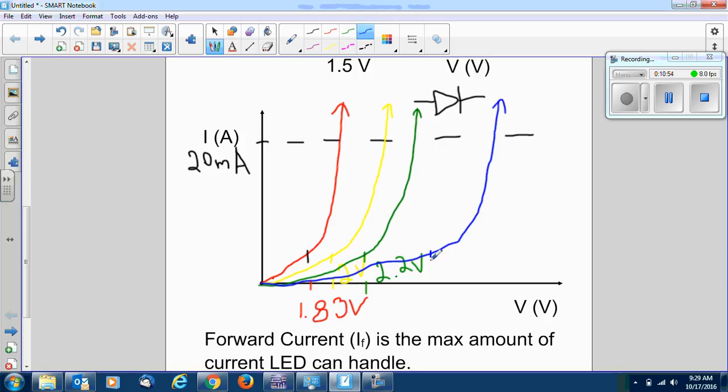So the forward voltage over here is going to be around 3 volts. And the white ones are probably closer to 3.5. So this is really all you need to know about LEDs in terms of the curves.